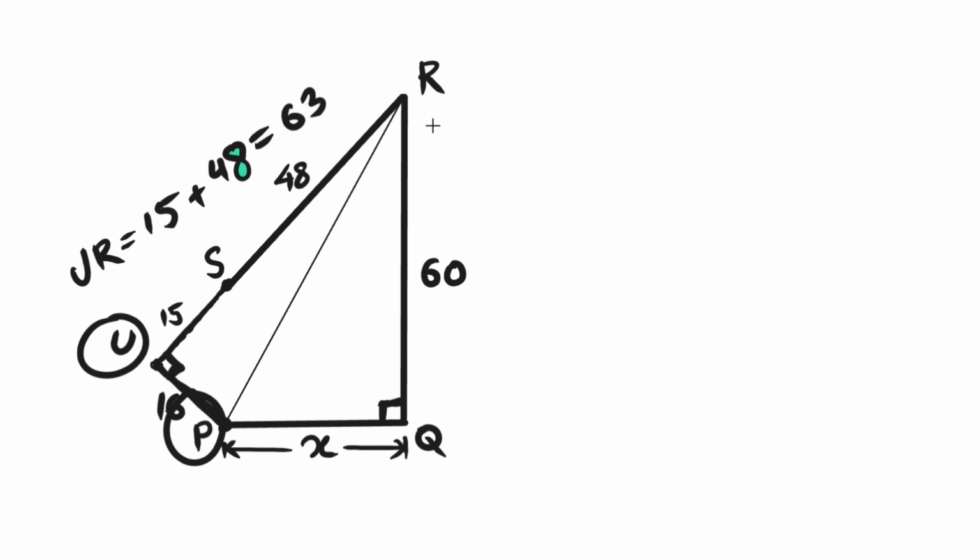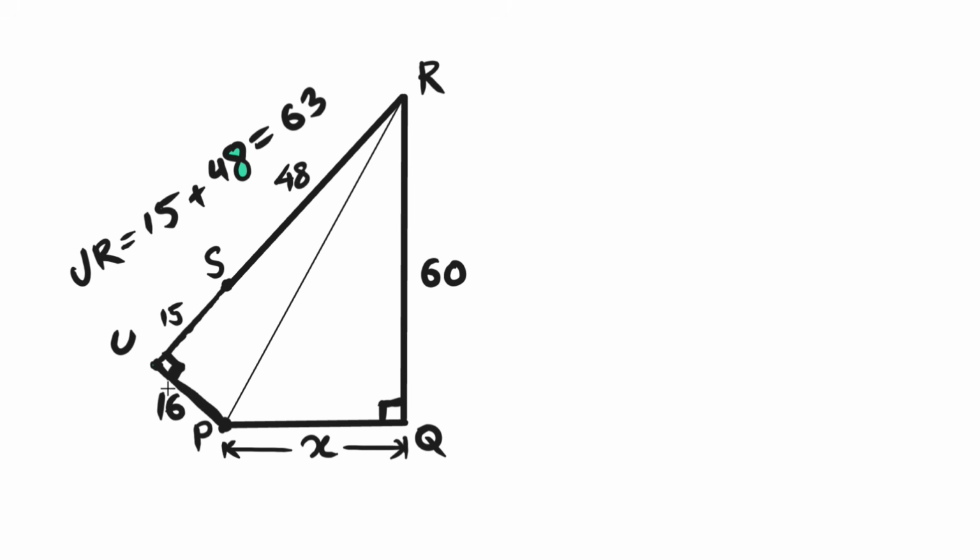Triangle UPR on one side and triangle PQR on the other side. And here's the beautiful part. Both of these triangles share the exact same hypotenuse, which is segment PR. That shared side is going to be our bridge connecting the two triangles together.